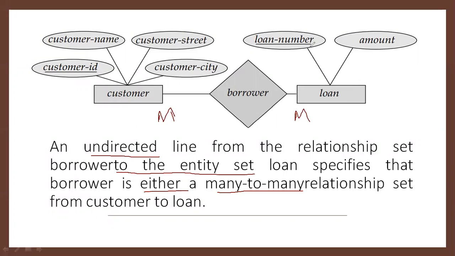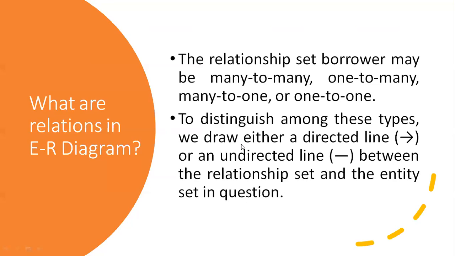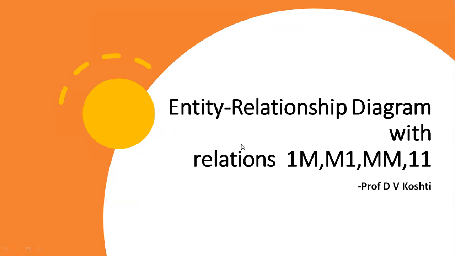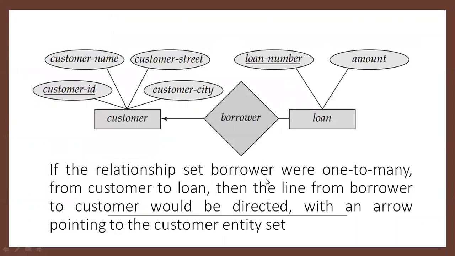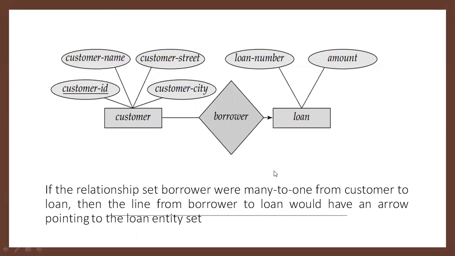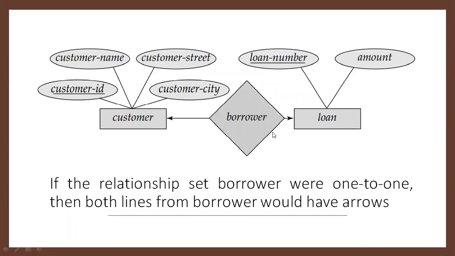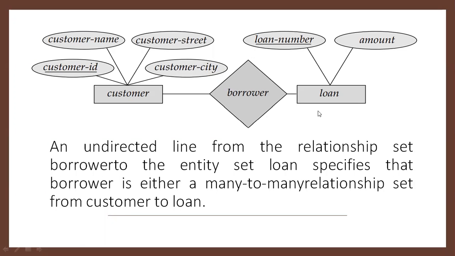Got it? So this is the content of the lecture. I'll show you the heading: entity relationship diagram with relations one to many, many to one, many to many, one to one. So that's what we have seen. This was one to many, this was many to one, this was one to one, and this is many to many.